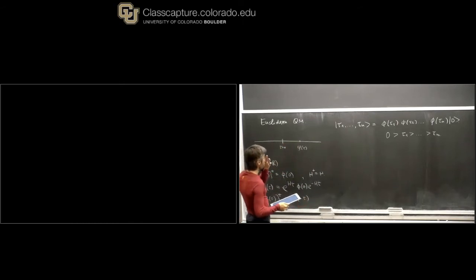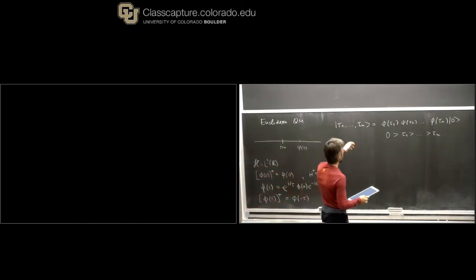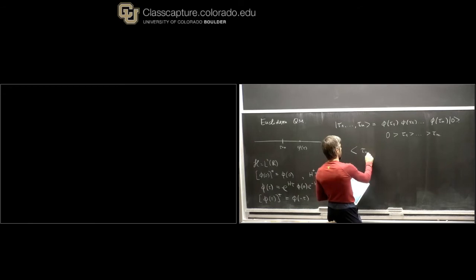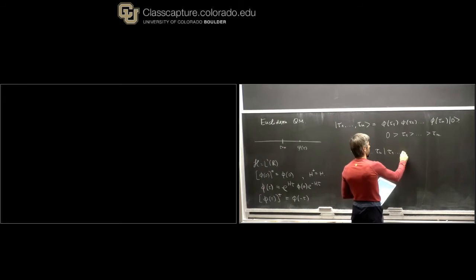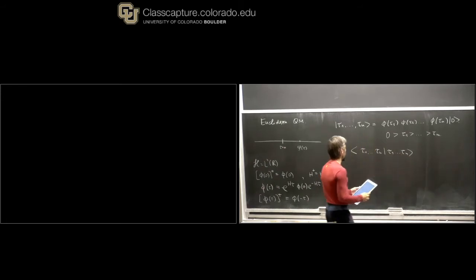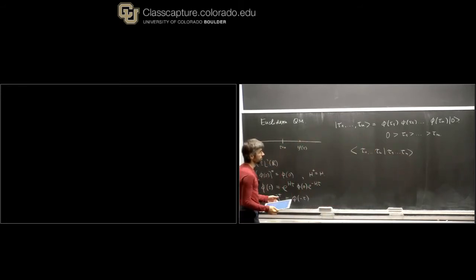What I know is that if I take the norm of the state, the norm of the state is going to be, let me denote tau 1, ..., tau n, tau 1, ..., tau n. I compute the norm by taking these conjugations.